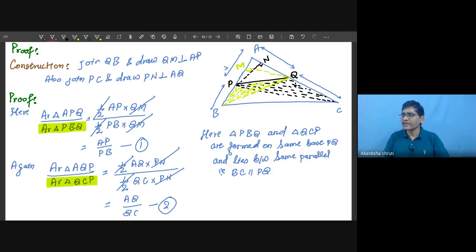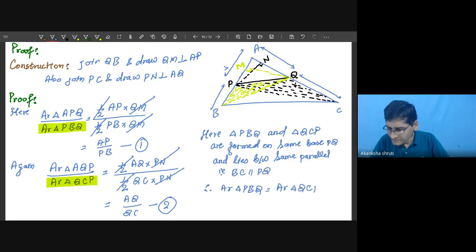Therefore, these two areas will be equal. This is the concept of class 9. Therefore, area of triangle PBQ is the same as area of triangle QCP. This is the third one.